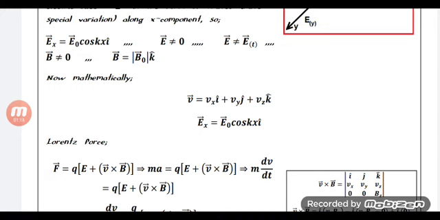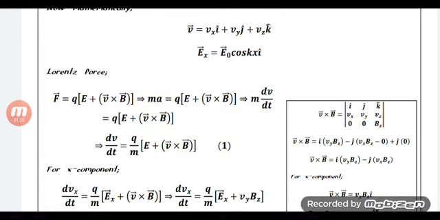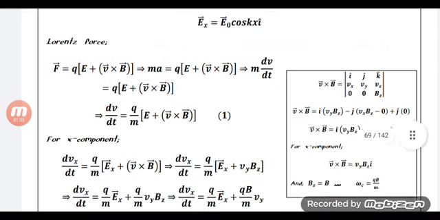So dV over dt is equal to q over m (E plus V cross B). For the x component, dvx over dt is equal to q over m (Ex plus (V cross B)x). Dvx over dt is equal to q over m Ex plus vy Bz, which is equal to q over m Ex plus qB over m vy.